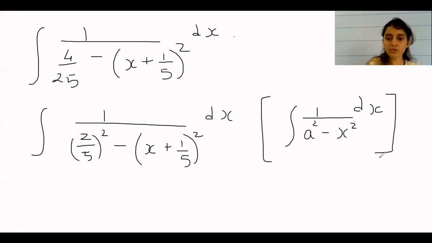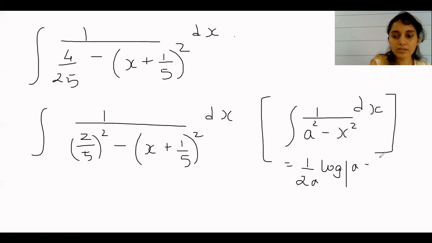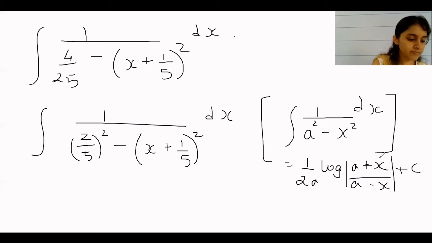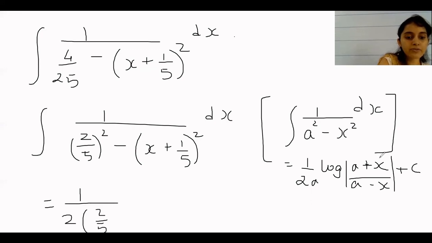So the answer to this is equal to 1 upon 2a log of a plus x upon a minus x plus c. Okay, so what is the answer over here? 1 upon 2a. What is a? 2 by 5.